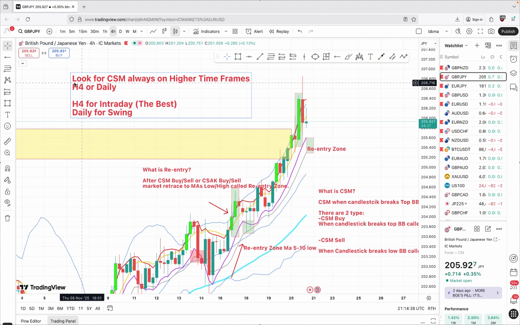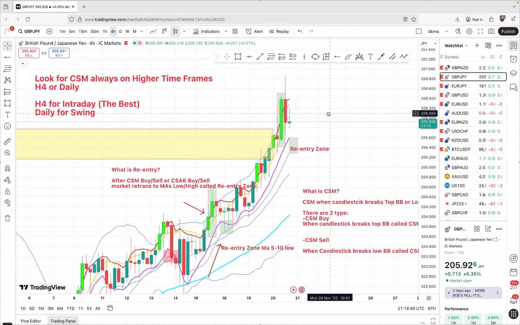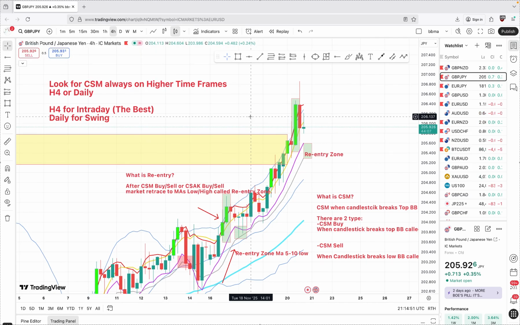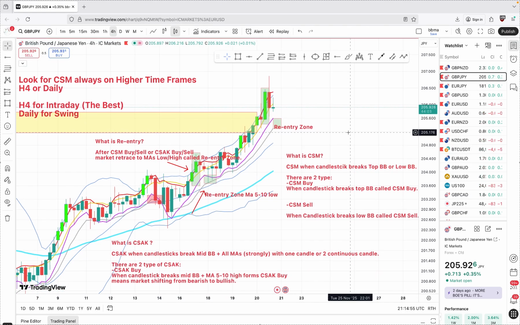I already wrote over here: look for CSM always on higher time frames, H4 or daily. H4 is my most favorite because it works like an intraday trader. It works very well, but daily takes some days or sometimes weeks to form a setup.